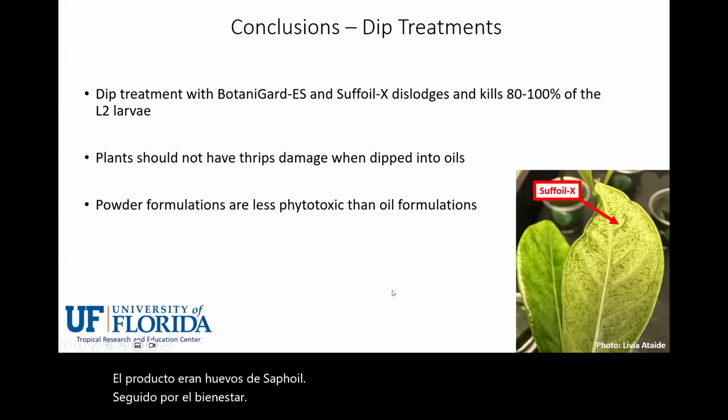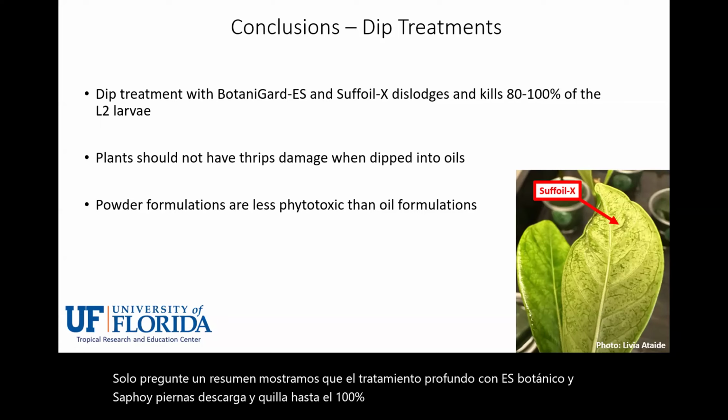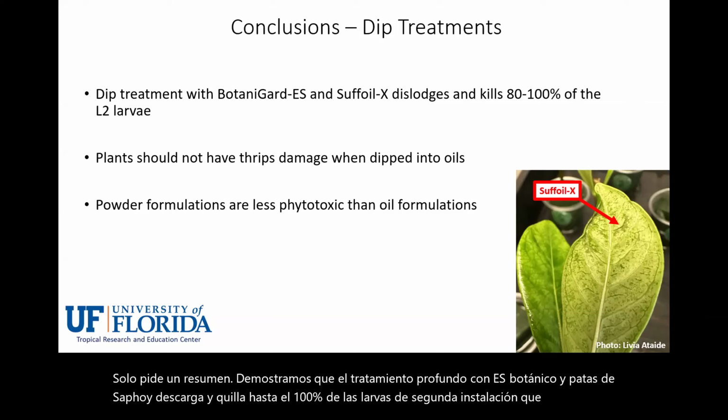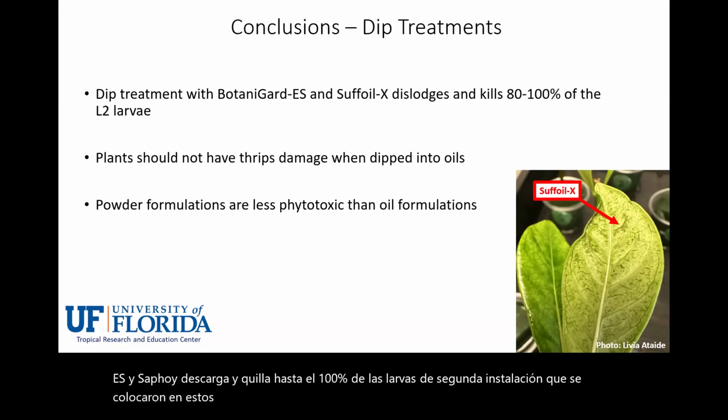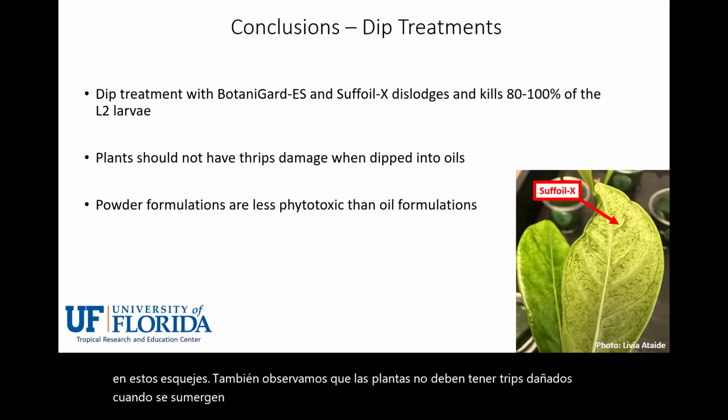Just some summary. We saw that the dip treatment with Botanicard ES and Safoil X dislodged and killed up to 100% of the second instar larvae that were placed on these cuttings. We also observed that the plant should not have thrips damage when dipped into oils, because if they do, we might see some phytotoxicity.